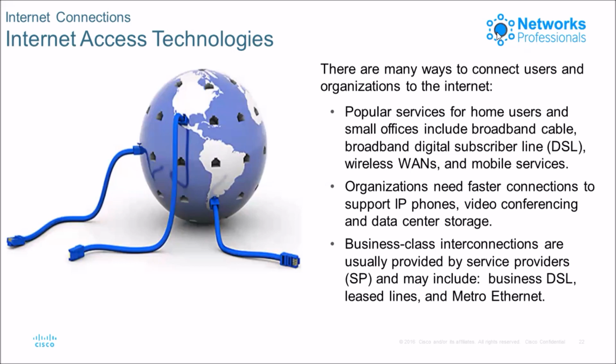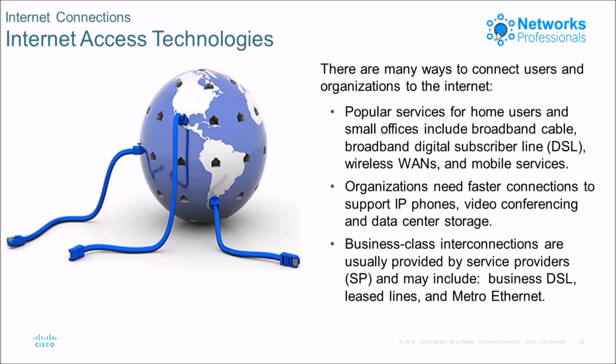Organizations usually need access to other corporate sites as well as the internet. Fast connections are required for organizations to support business services including IP phones, video conferencing, data center storage, and other services. Service providers offer two types of connections, one for home users and one special for business class internet connections.